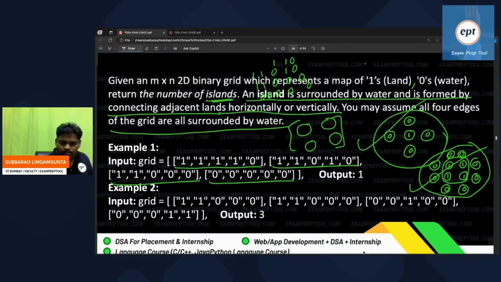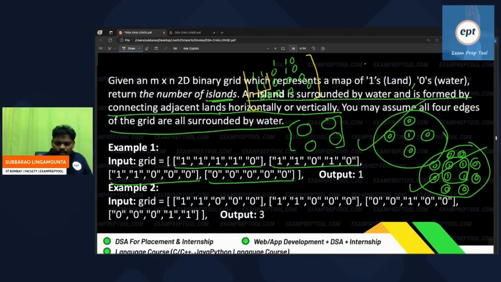If you observe clearly, this entire thing is one island. Check once. What is the first one? Four ones, then 0. Second one, double 1, 0, 1, 0. Third one is 1, 1, triple 0. Fourth one is all zeros.